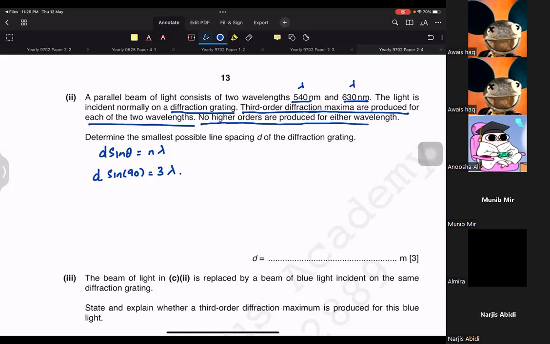If I think about it this way, the greater the wavelength, the larger the theta. The larger wavelength would produce greater diffraction. So this means I should be using this wave, not this. So let's try. 630 times 10 raised to power minus 9.